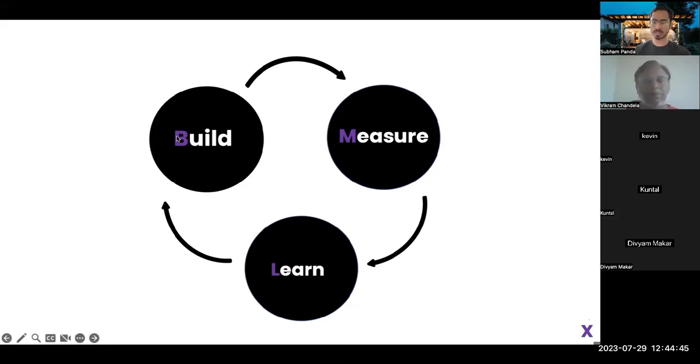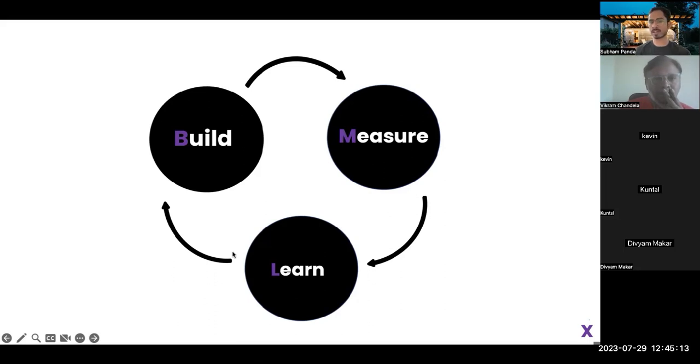It saves a lot of time, even if it doesn't work, because failure is a reality in general. Then we measure the effectiveness of that product. Do people actually want a rough version of it? And we learn from the customers, take feedback, then go back to our drawing board, go back to our workshop and build again, then again measure, then again learn. And this cycle goes on forever.